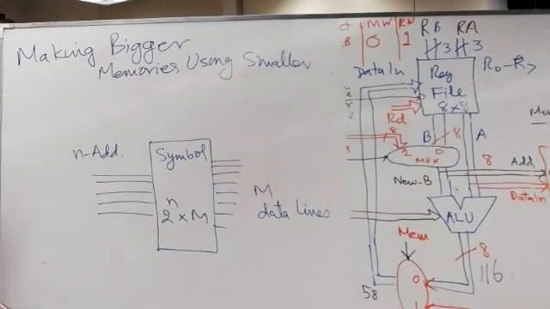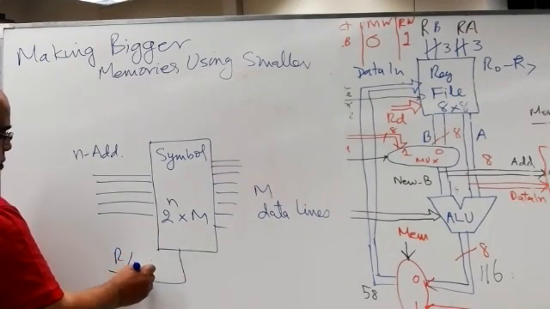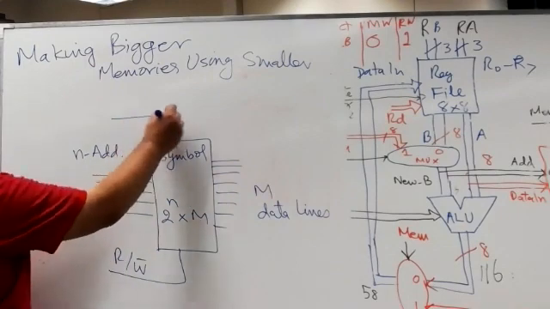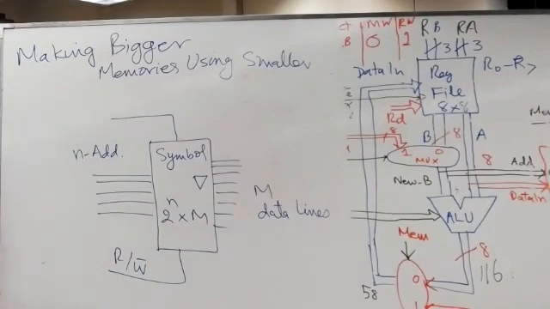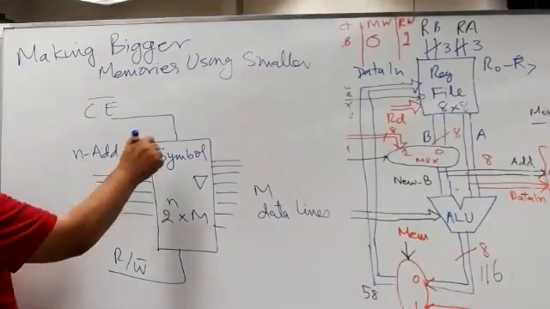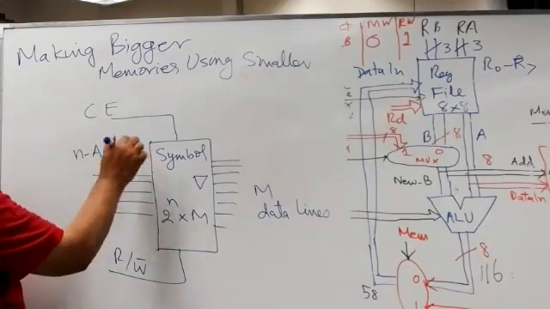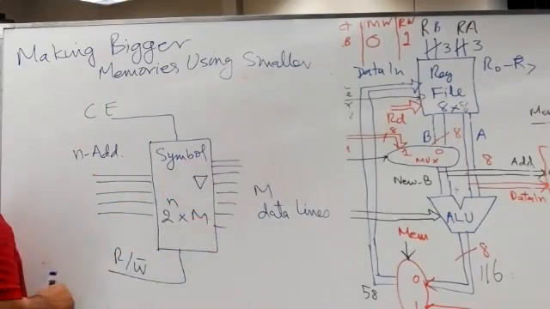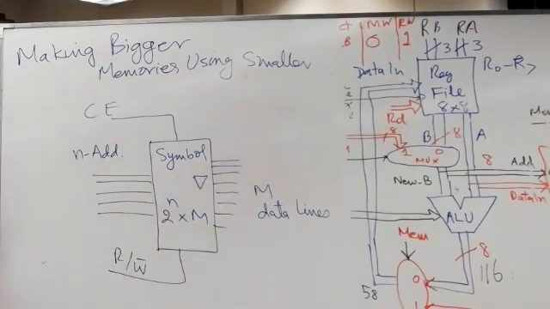It also has a read and write and chip enable. And all the data lines are tri-stated. When this chip enable is not active, all these data lines are basically high impedance as if they are not there.